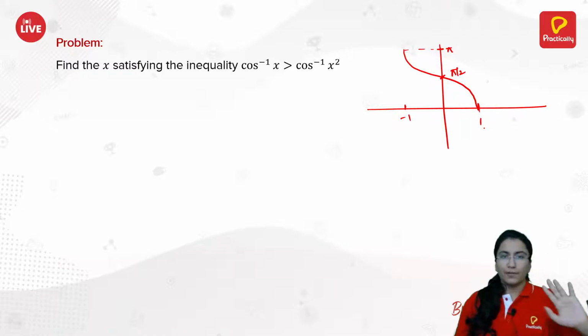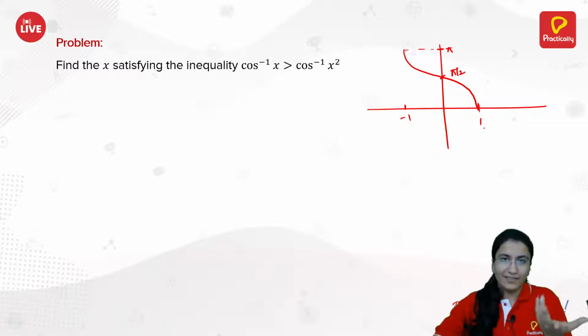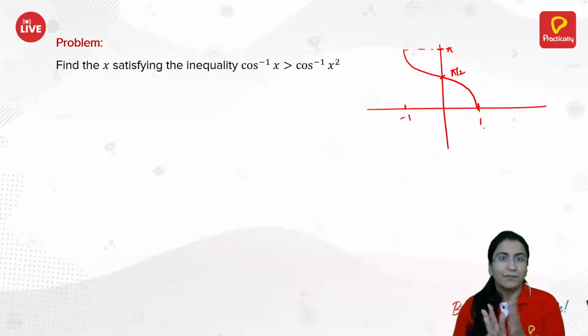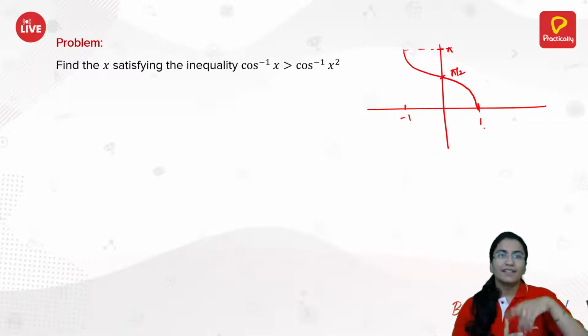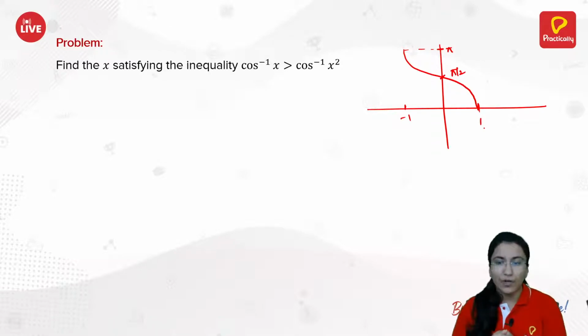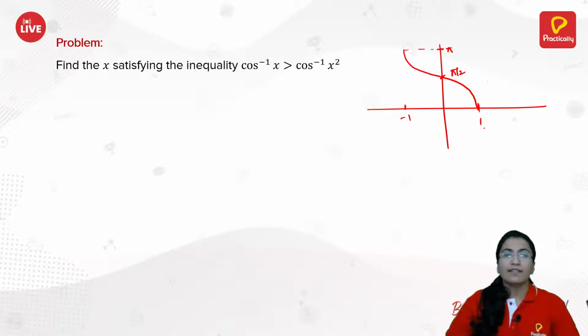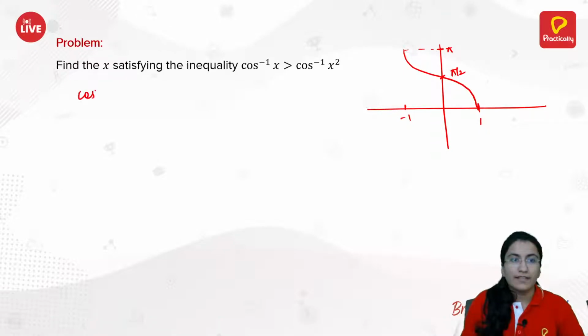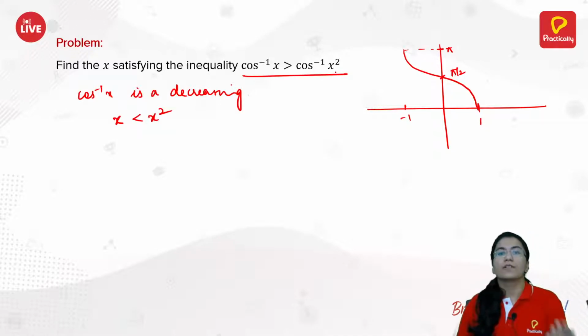Even if you don't remember the graph, you need to remember the highlight I have given you: cos inverse x is a decreasing graph. In case of decreasing, x must be less than x square, only then cos inverse x will be greater than cos inverse x square.